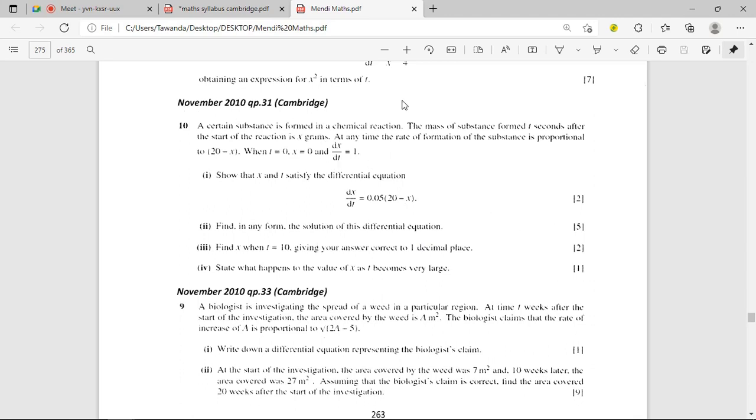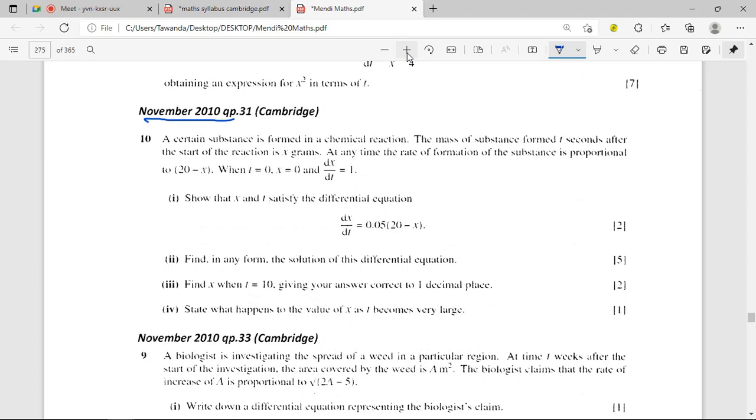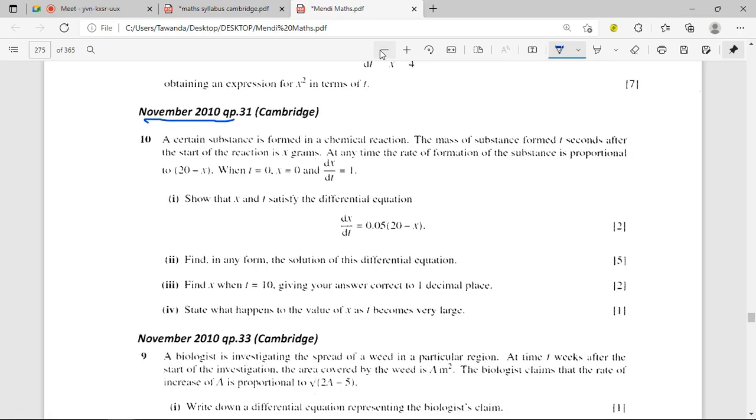The one is saying November 2010. This one, we want to look at this one. Let me try to zoom. What happened here? Is it visible? Yes, it is.